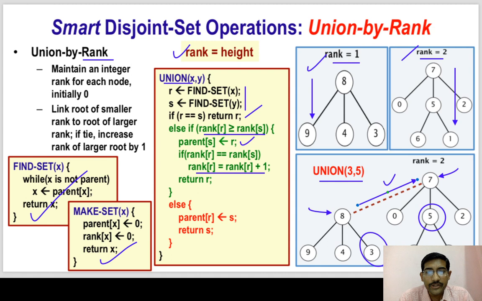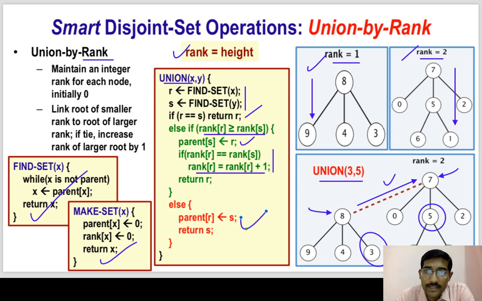And finally we return R. This is only if both are equal, otherwise we just point it back. So if the rank of S, or the height of S, is more than the height of R, then we do the reverse of what is shown here.